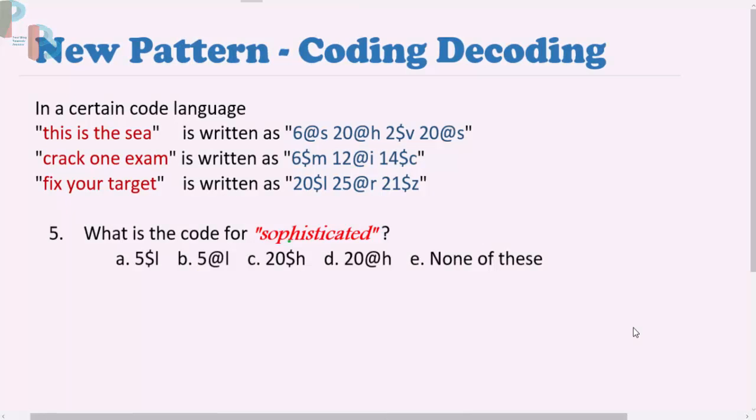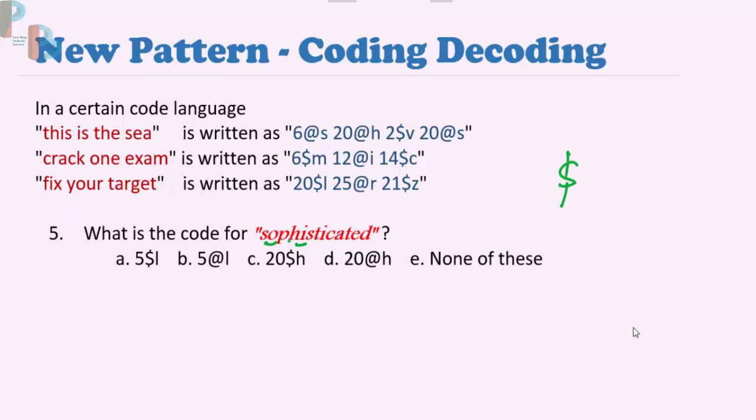So the next question is, what is the code for sophisticated? So our first motive will be finding the number of vowels. Now see here, O and I, we have already got two vowels. That is more than one. That is enough for us to find out. So there the code will be a dollar.